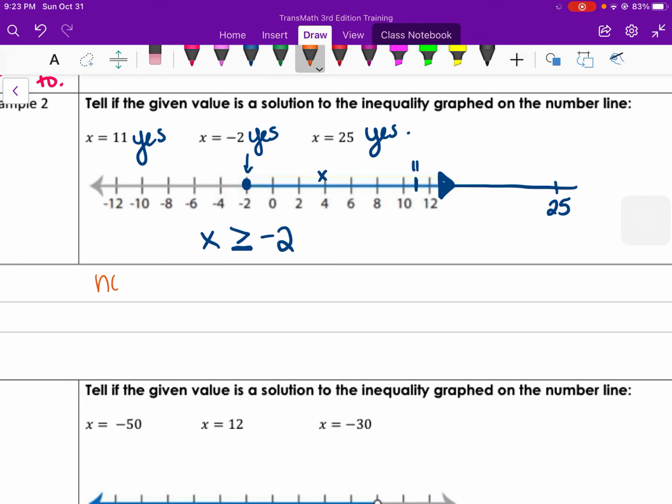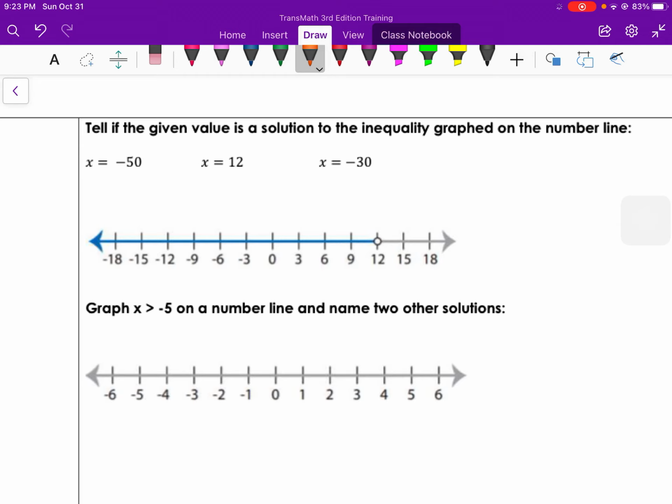So let's do some non-solutions. That would be anything that is to the left here, anything on this side. So x cannot equal -4. X could not equal -12, etc. So those are some examples of numbers that don't work.